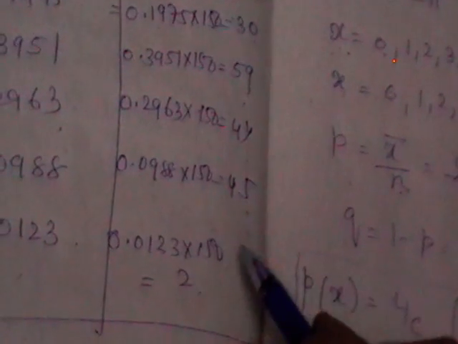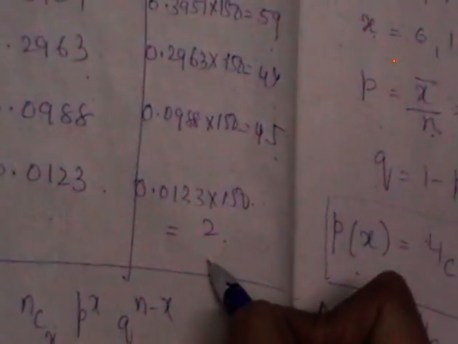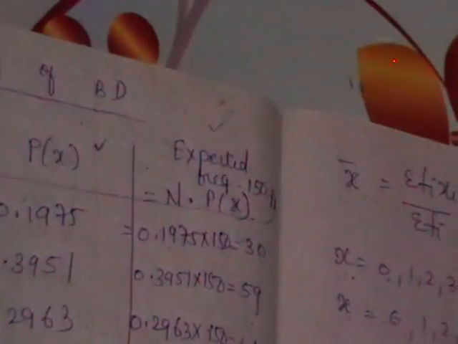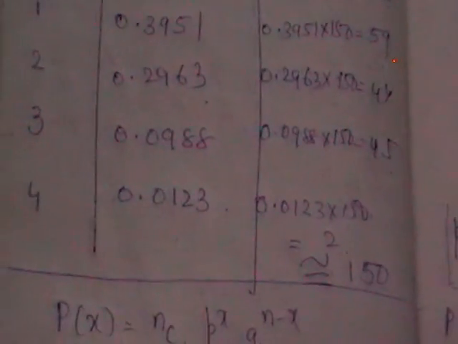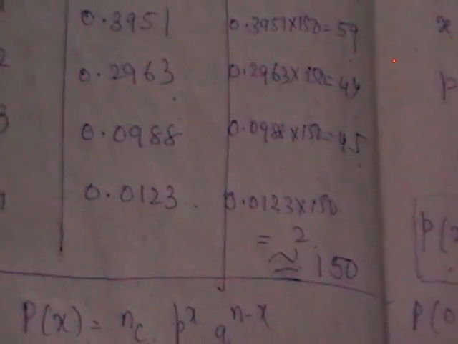Now add all these: 30 plus 59 plus 44 plus 45 plus 15 plus 2. By adding all these expected frequencies, you should get a value near 150. Then you can say that whatever calculations or the problem you have done is correct.